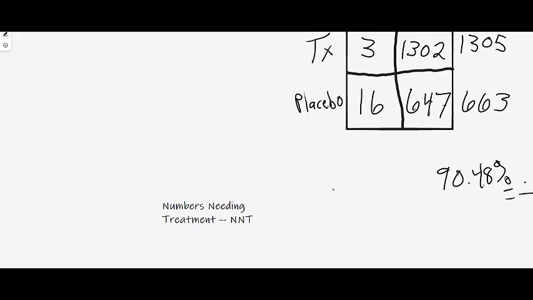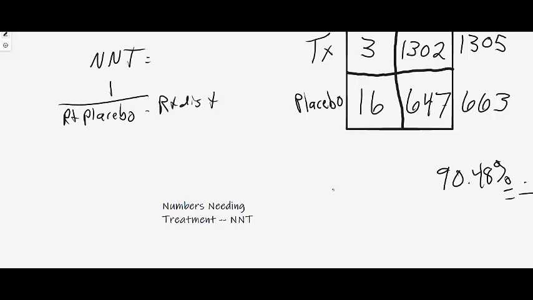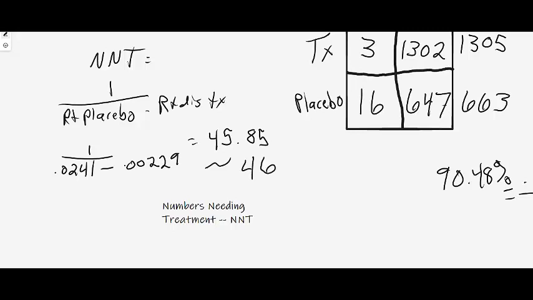And NNT equals 1 over the rate of disease in the placebo minus the rate of disease in the treatment group. And so 1 over 0.0241 minus 0.00229, and that gives us 45.85 people, or 46 people.